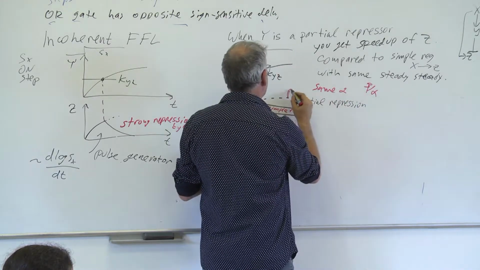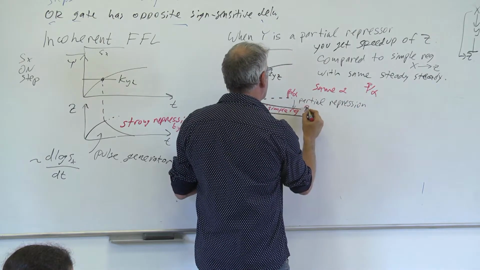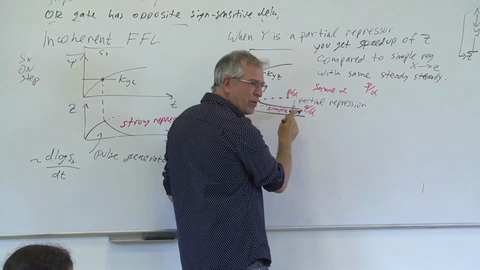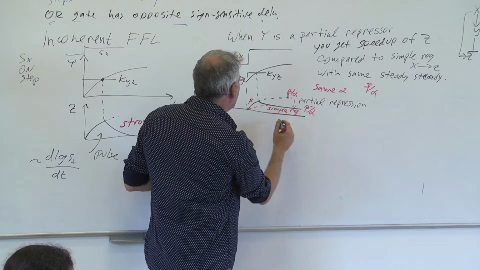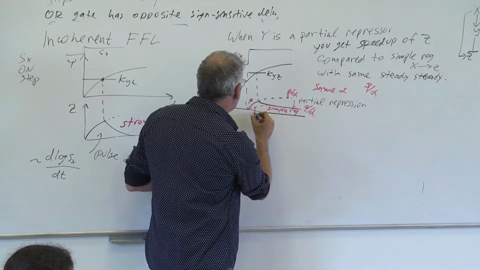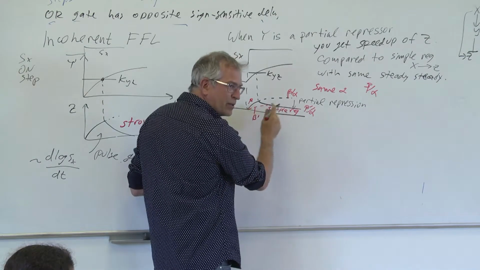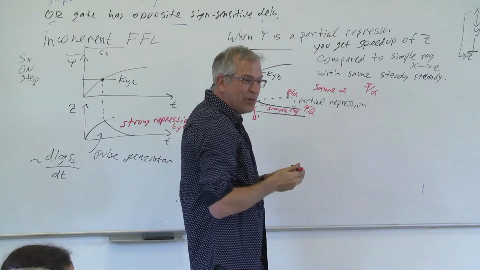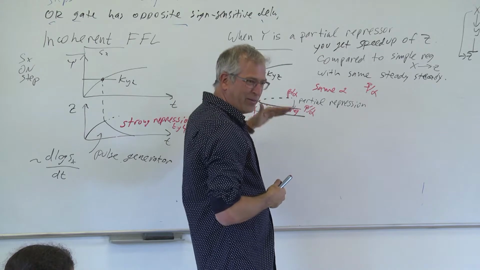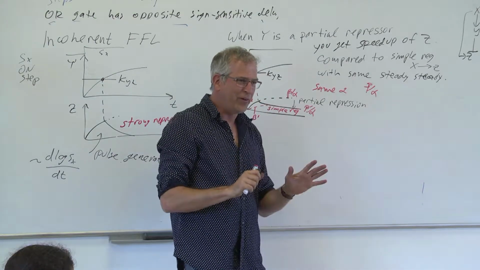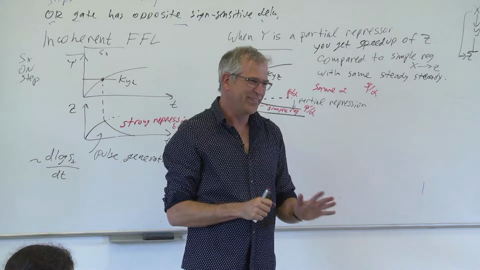This would be this steady state. But you're getting to this steady state, which is beta prime over alpha, which is lower because of the repression. But in order to reach that steady state, you would need, for simple regulation, to have beta prime. So it's a slower motor. You have to have a slower motor to reach the same steady state. Here you can have a fast motor and then repress it. So you can drive fast with a good motor and strong brakes.